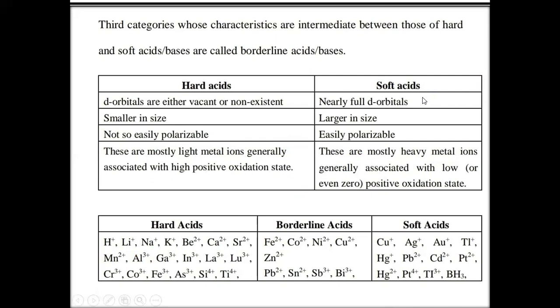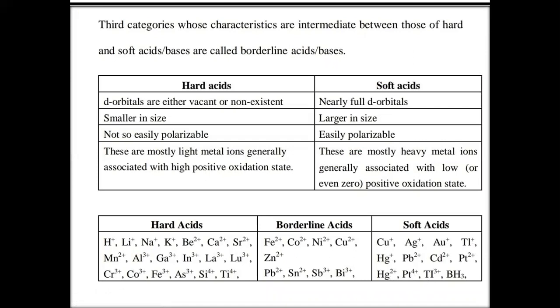Okay. And under soft acids, the examples are copper, silver, gold, thallium, mercury, lead, cadmium, platinum, platinum plus 4 oxidation state, thallium plus 1 and plus 3.